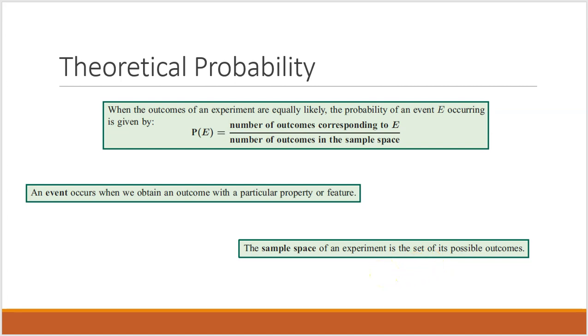So consider, for example, I'll write this in green, the rolling of a cube die. We could say that that is 1, 2, 3, 4, 5, 6.